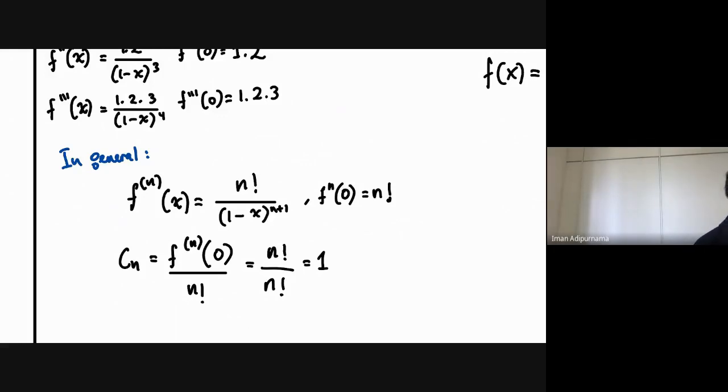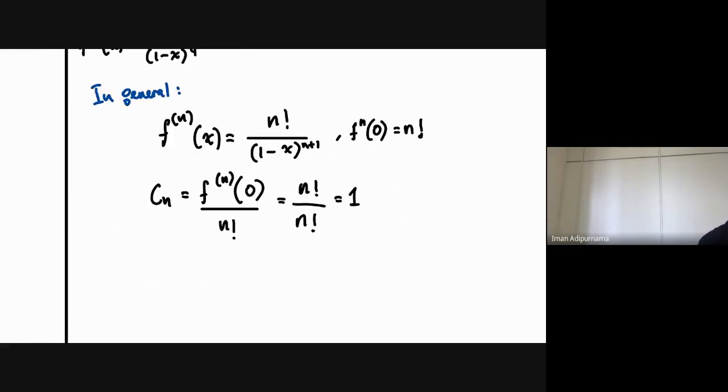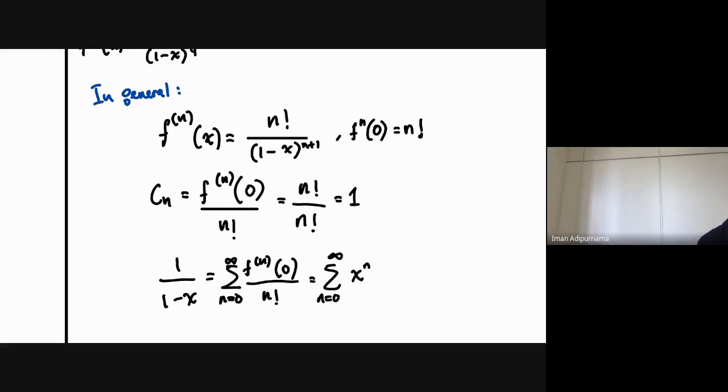So Cn is 1. That's why this 1 minus x, we can write this as only x with the power of n, because Cn is 1.